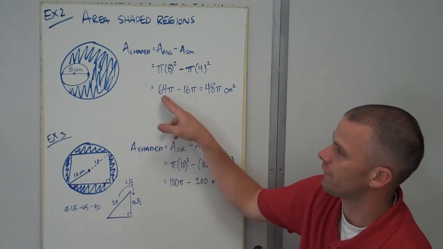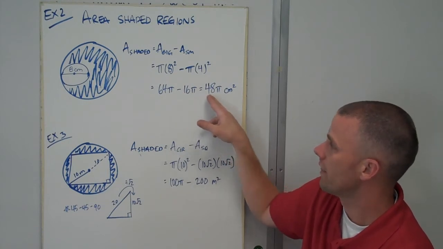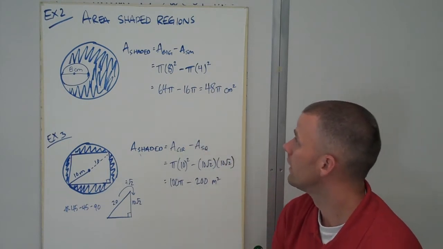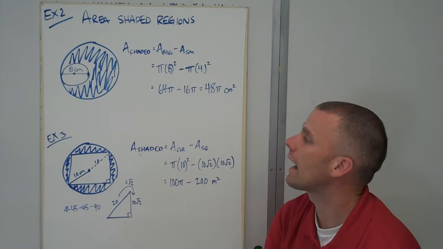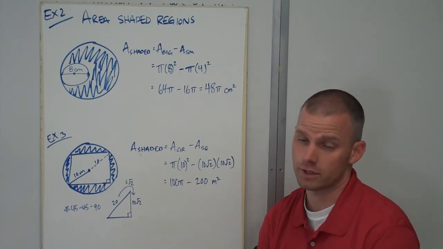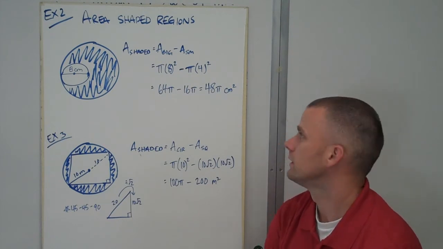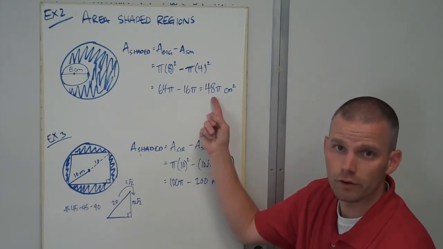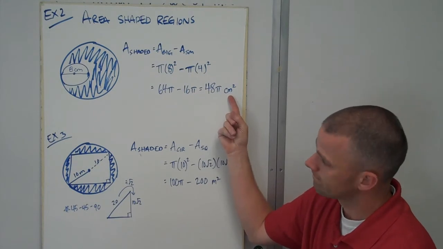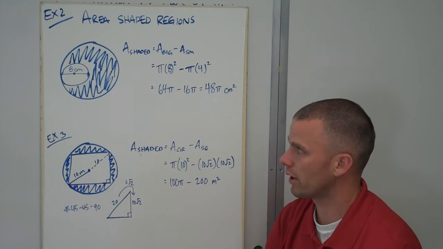If I have 64 pi and I subtract 16 pi, that does in fact give me 48 pi. Thinking in real terms, if I give you 64 pies, and then somebody takes 16 of the pies, you've got 48 pies left over. Square centimeters for our units. So as long as they both have pi symbols, you can go ahead and subtract.